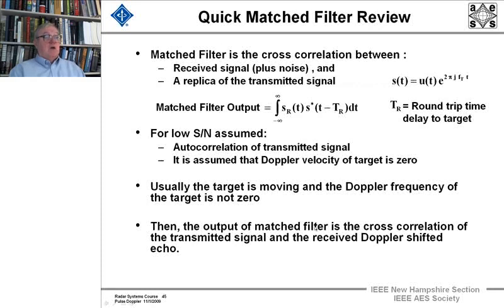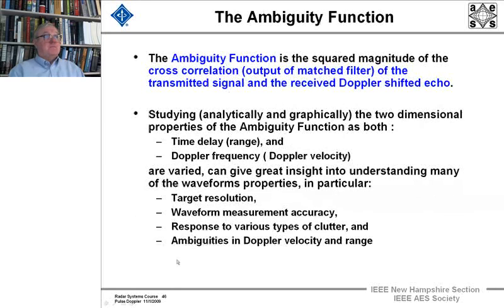Then the output of the matched filter is the cross-correlation of the transmitted signal and the received Doppler shifted echo. The ambiguity function is the squared magnitude of that cross-correlation, the output of the matched filter, of the transmitted signal and the received Doppler shifted echo.